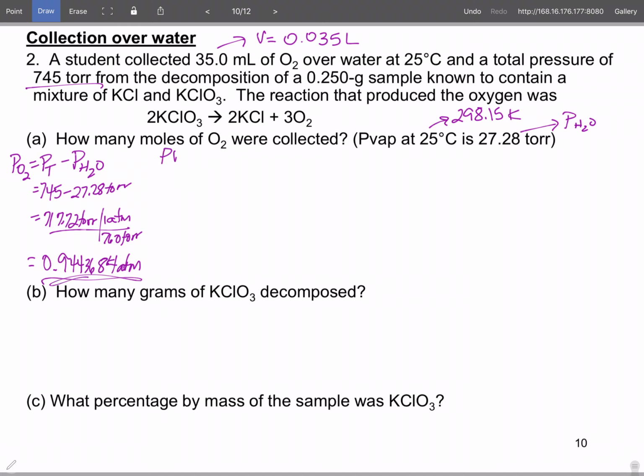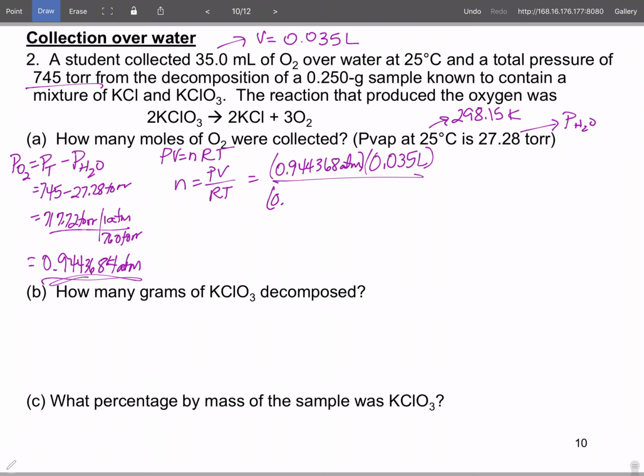So PV equals nRT, but we're looking for N. So N is equal to PV over RT, which means it's our pressure, 0.94436 atmospheres. Again, if you carry it out more than 4 digits, you're fine. Volume is 0.035 liters.